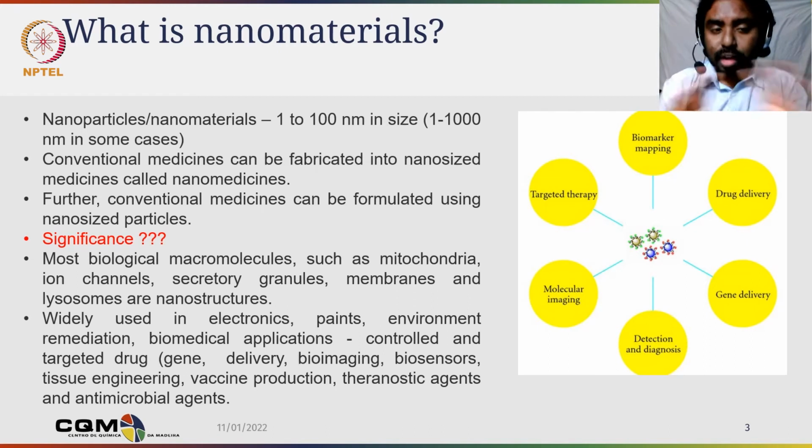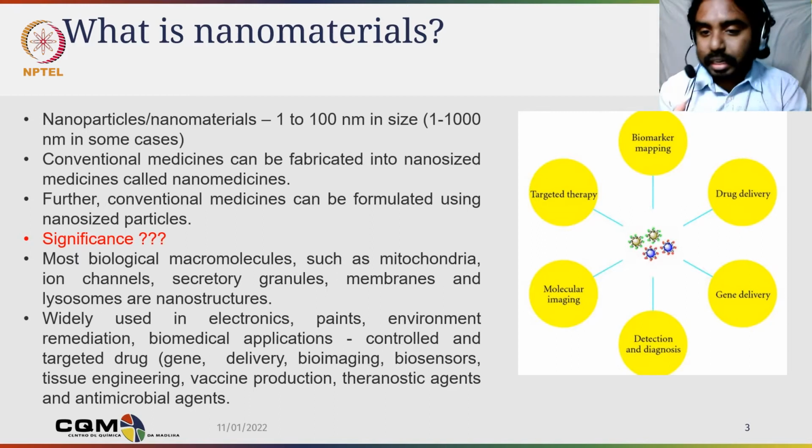So now, what is nanomedicine? We have conventional medicines, like paracetamol or whatever. When you convert those conventional medicines into a nano size, 1 to 100 nanometers, it is called nanomedicine. This is one case.